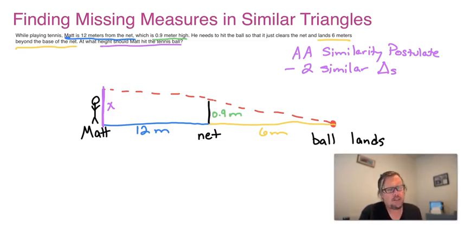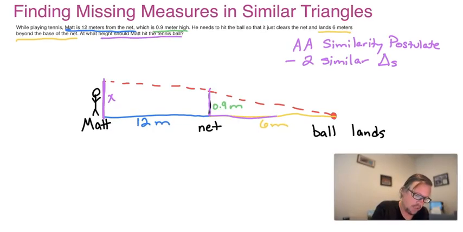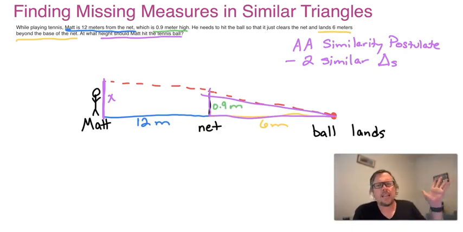So if the triangles are similar, that means that their sides are in proportion. So what that means is, if I were to do a ratio of the sides of the smaller triangle, the smaller triangle was this one right here, the height over the base of this triangle is 0.9 over 6.